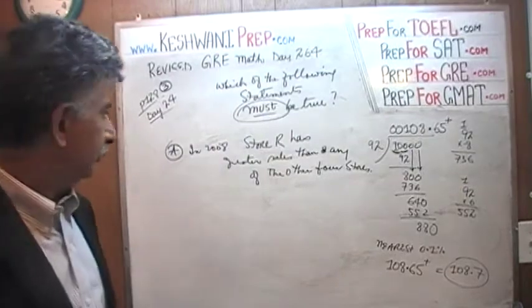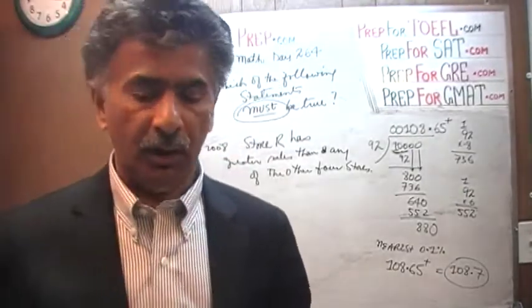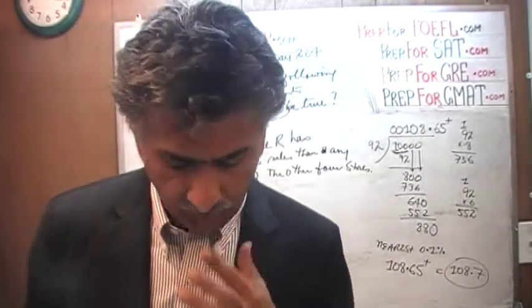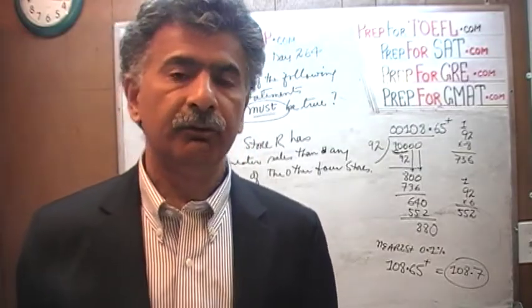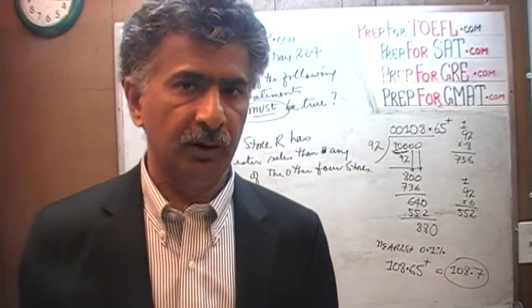It says in 2008, store R, among the 5 stores that they give us, I believe there are 5 of them, PQRST, we are told that store R is the one with the highest sales in 2008.